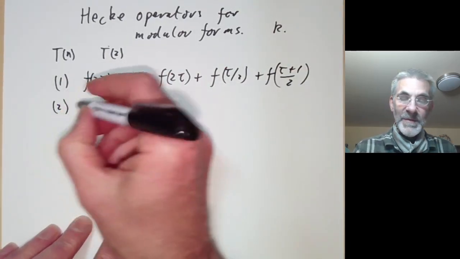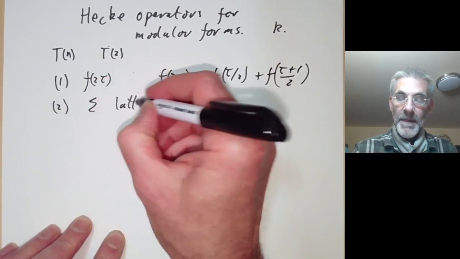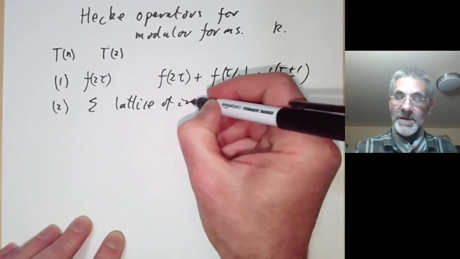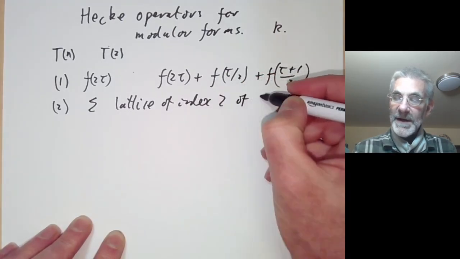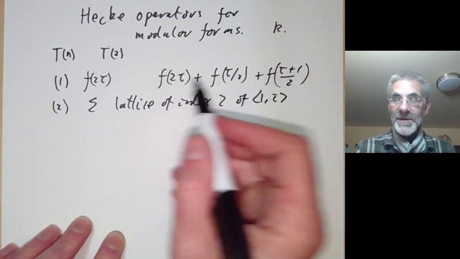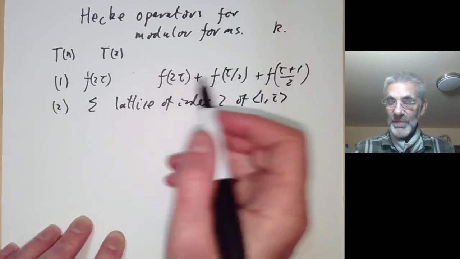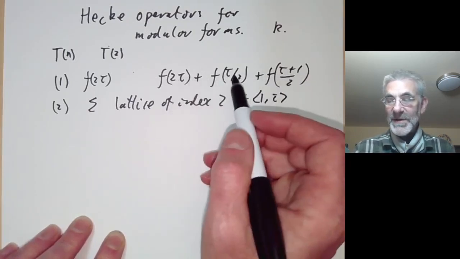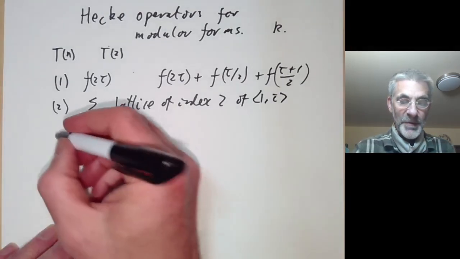The second method was to take the sum over lattices of index 2 of the lattice 1, tau, and you remember there were three sublattices which gave three terms which corresponded to 2 tau, tau over 2 and tau plus 1 over 2.